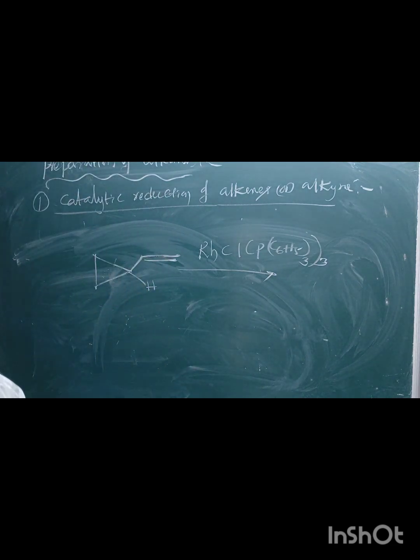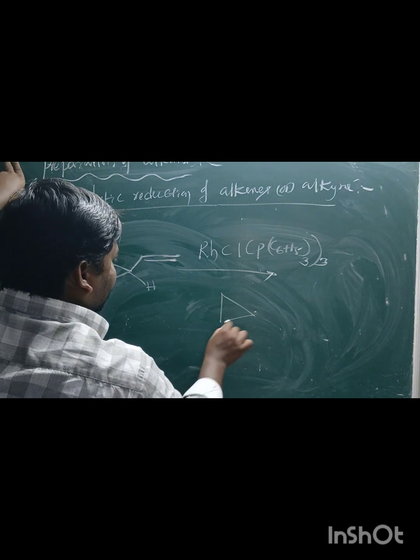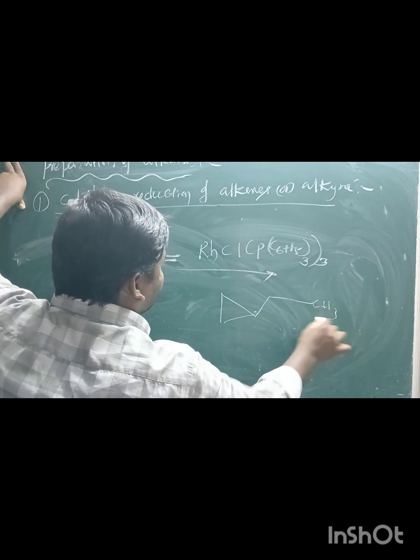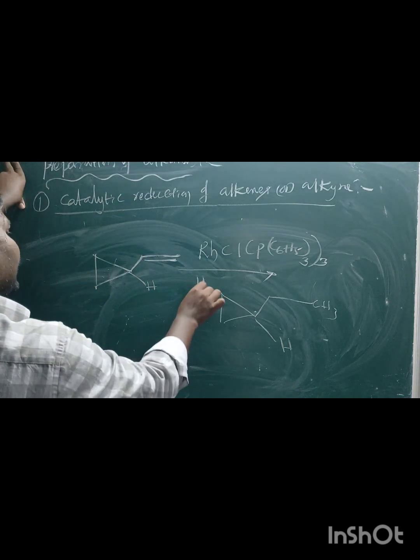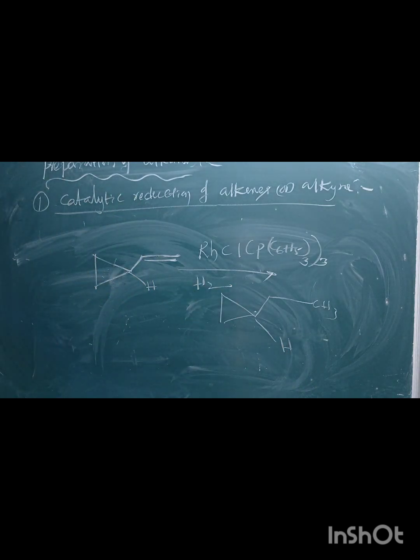This is an example of homogeneous catalysis. Then alkenes can be converted into alkanes by adding hydrogen. This is an example of homogeneous catalysis.